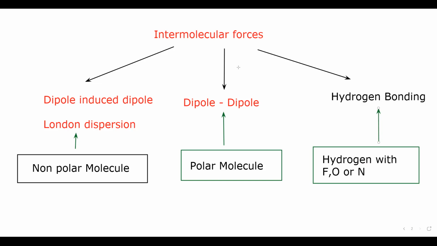If the molecules are polar, meaning they have charges on them and the net dipole moment is not zero, in that case they will have dipole-dipole force. And if hydrogen is bonded with fluorine, oxygen, or nitrogen, in that case it will have hydrogen bonding. So it depends on the type. So we'll start the topic. This is the intro of the topic, the introduction.